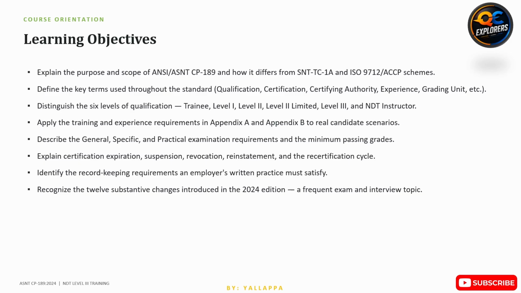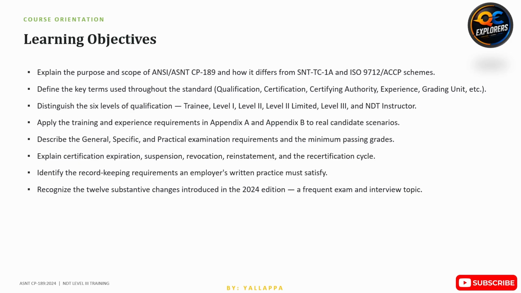Our first objective is to understand the purpose and scope of ANSI ASNT CP-189 and how it differs from other certification systems such as SNT-TC-1A, ISO 9712, and ASNT Central Certification. While these documents all relate to personnel qualification, they follow different approaches, and understanding those differences is essential for both examinations and industry practice.